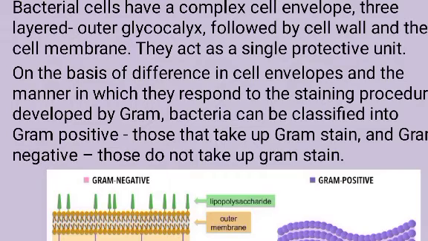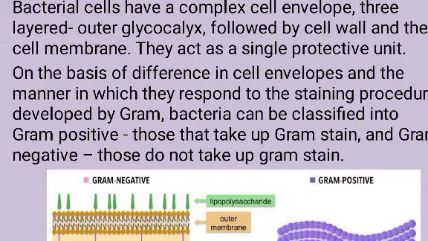Okay, and even though each layer of the envelope will be performing distinct, different functions, they act together as a single protective unit. So the main function of the cell envelope or these three layers is what? Protective in function.